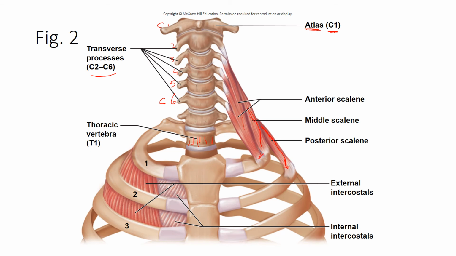Same thing with the medial, which is taken from the second and the third and goes to the first rib as well. The middle scalene is taken from the middle one and goes to the lateral border of the second rib.